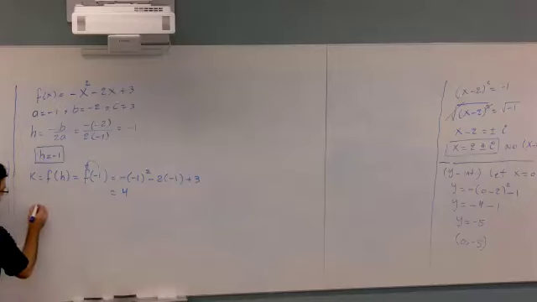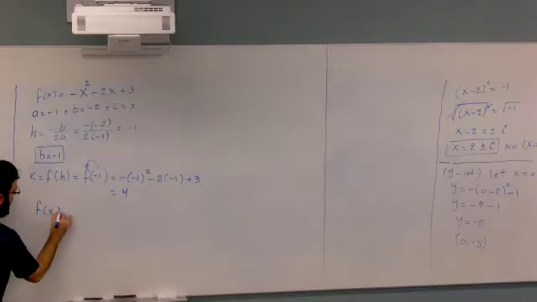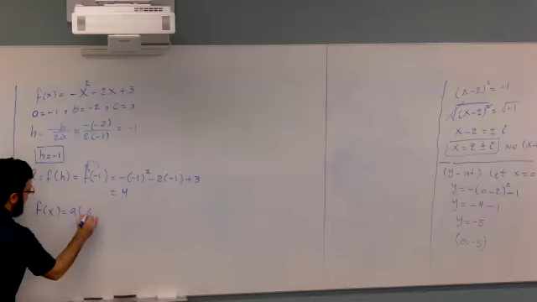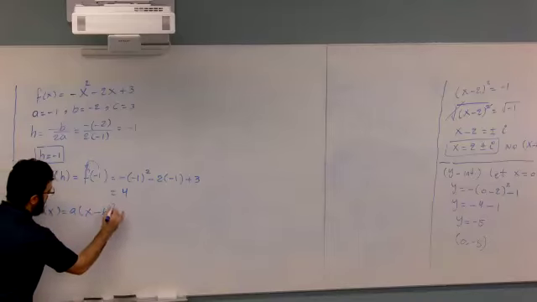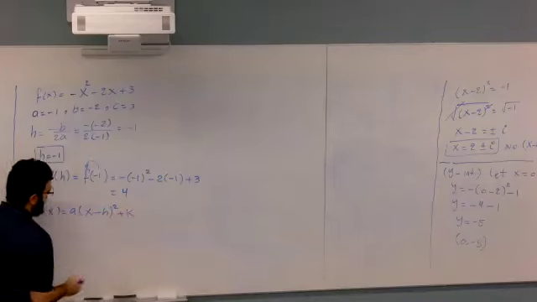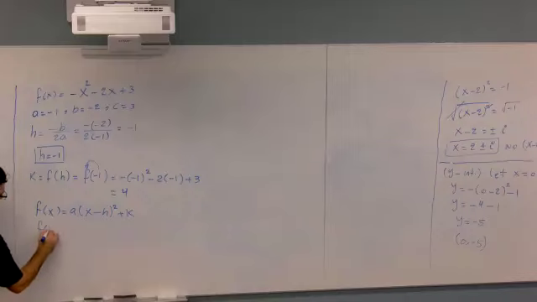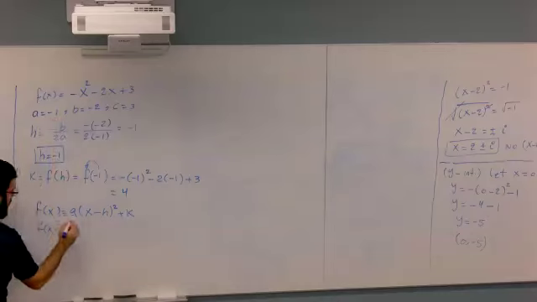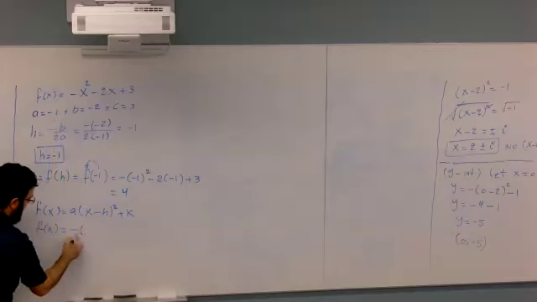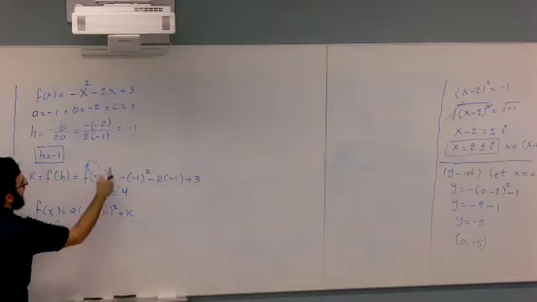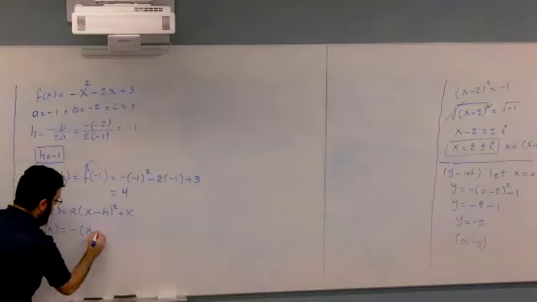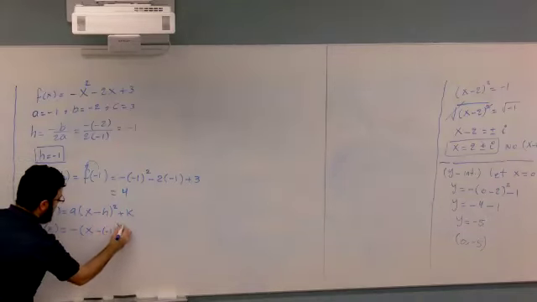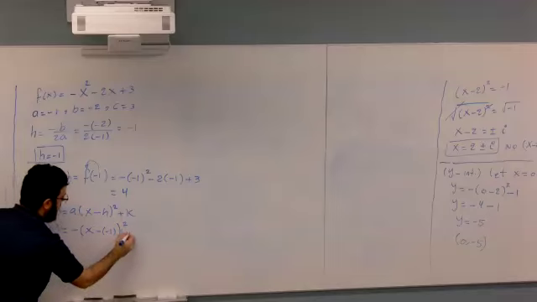Write down the vertex formula. It's f of x equals a times (x minus h) squared plus k. So f of x, the value of a is -1, x minus h is x minus -1, squared, plus the value of k is 4.